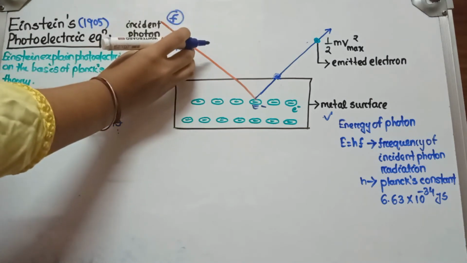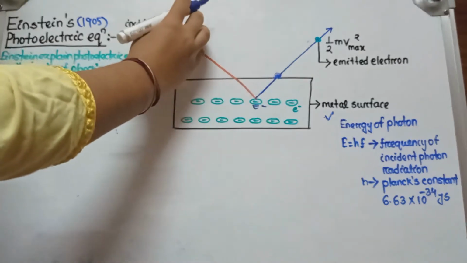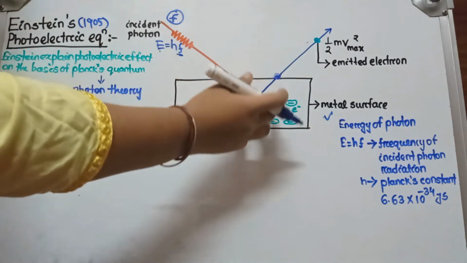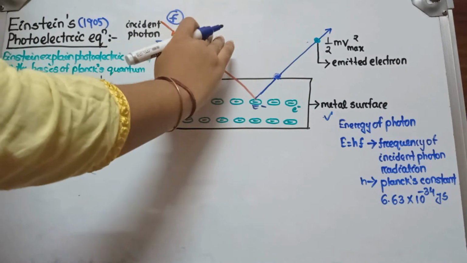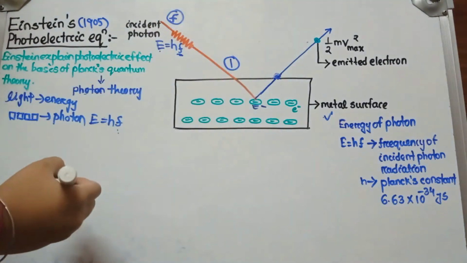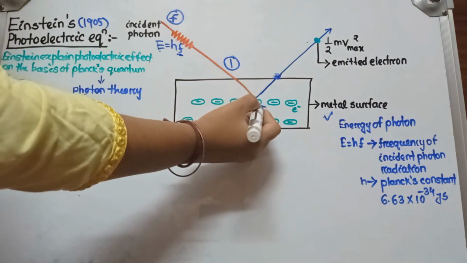When this amount of energy falls on a metal surface, the total energy is absorbed by the electron and used in two ways.